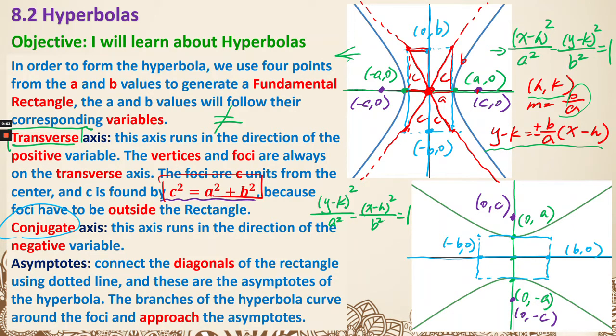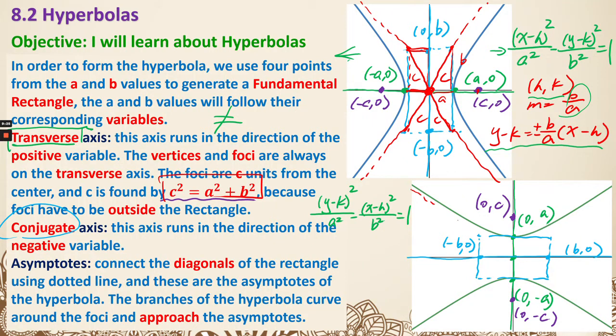Whenever you get an equation of a hyperbola, this is always the process of generating the curve or finding out information about its features. Next, I need to draw my asymptotes. Let's connect the diagonals, using dotted lines.